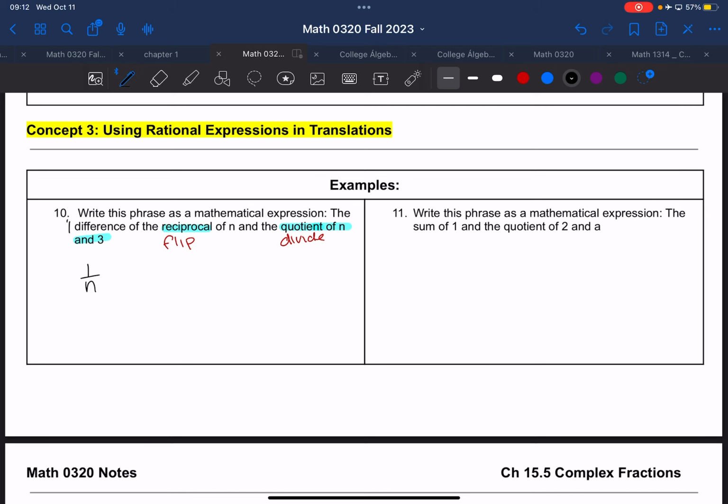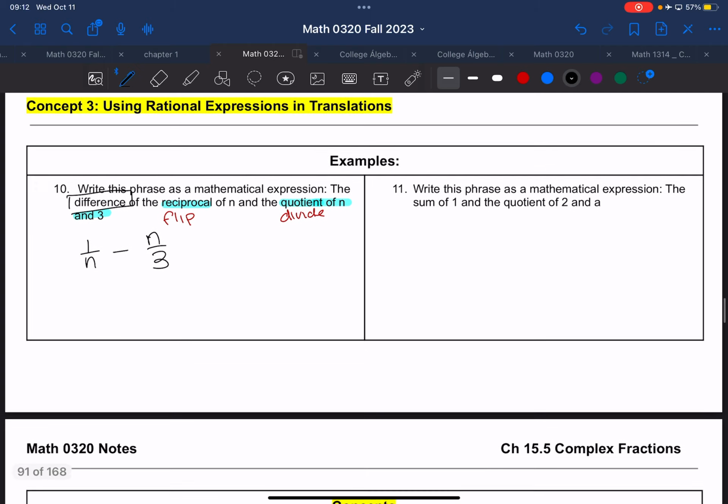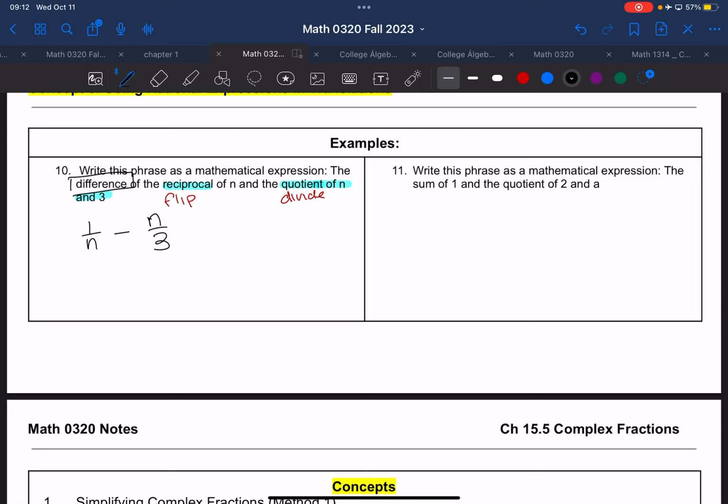And then it says the difference of the two, so what does that mean? Minus, so 1 over n minus, and then we said n over 3. Okay, so we have the expression 1 over n minus n over 3. Now let's simplify this by getting a common denominator.